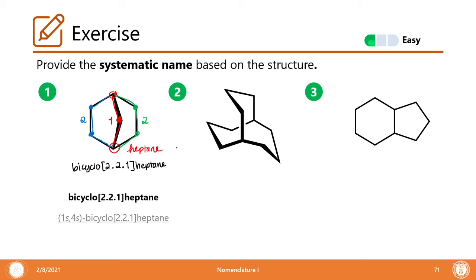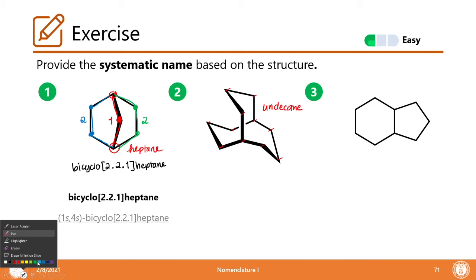Let's go to the next one. Let's count the number of carbons. 1, 2, 3, 4, 5, 6, 7, 8, 9, 10, 11. So this is an undecane. Undec meaning 11 in total on the carbon chain.